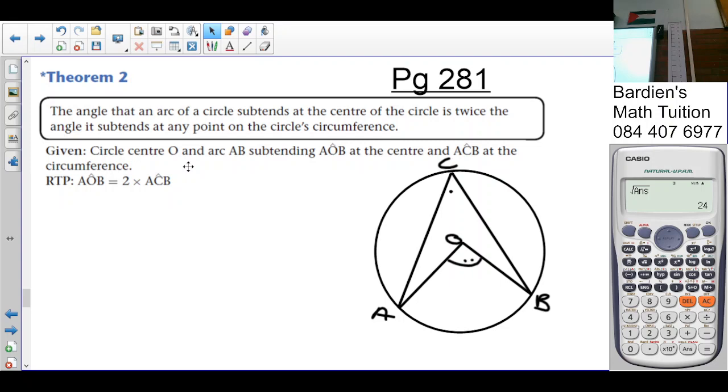As indicated in yesterday's lesson, for every theorem that we prove in analytical and in Euclidean geometry, there must be a construction. For those of you who listen, there must be a construction. So we start off with a construction.